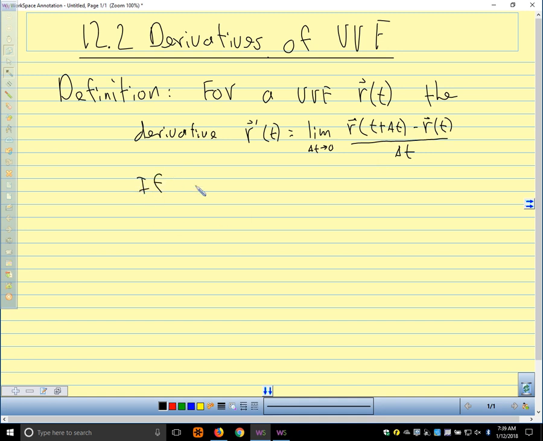If r prime exists, then r is differentiable.